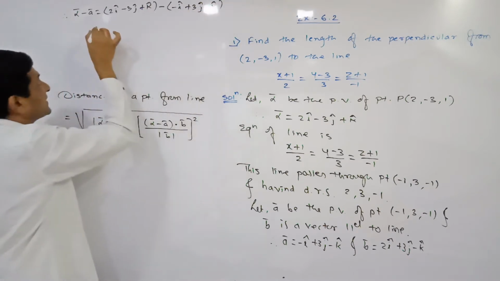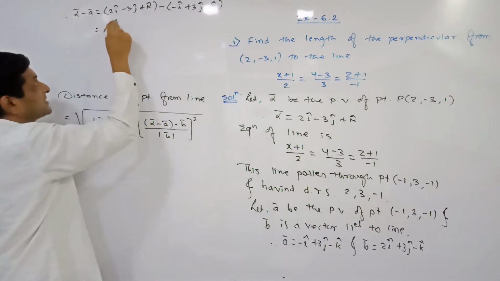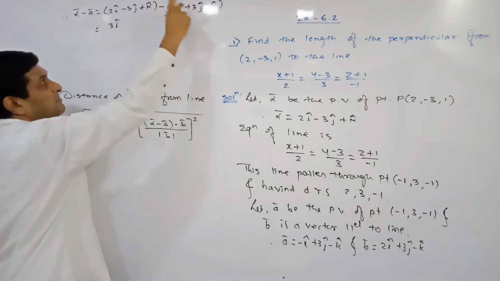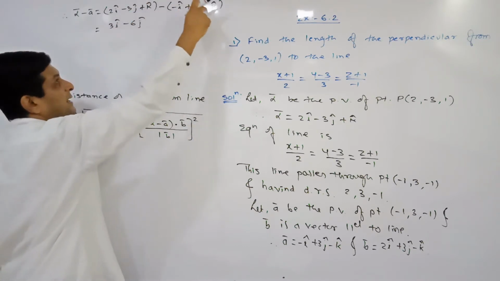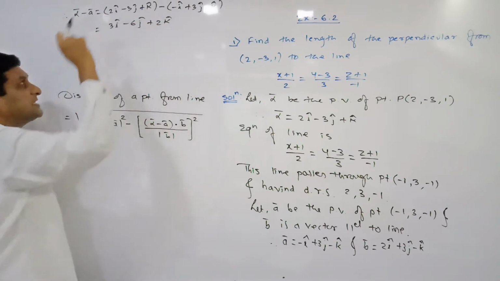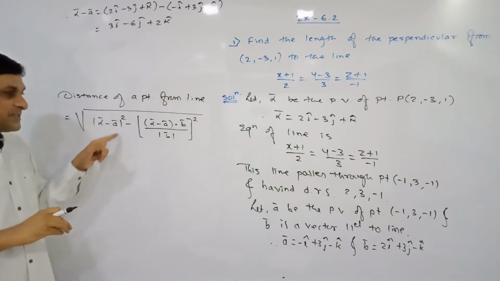So now take the difference. 2i minus minus i means plus i. 2i plus i will be 3i. Minus 3j minus 3j will be equal to minus 6j, and k minus minus means plus k. k plus k will be equal to 2k cap. Once the value of alpha bar minus a bar is known to us, now we are finding its magnitude.